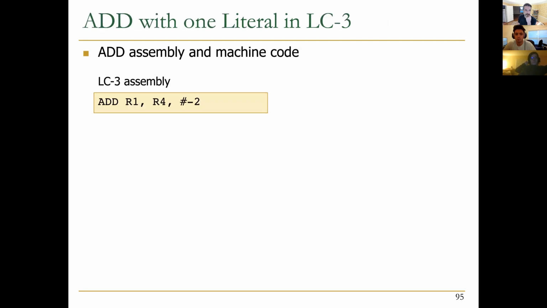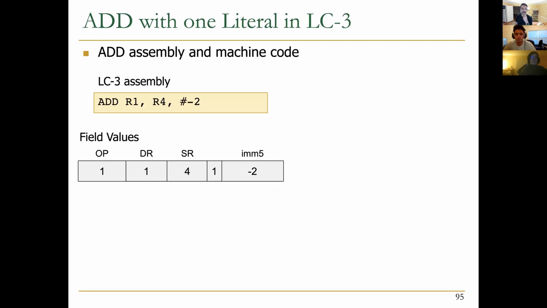Okay, and here is an example. So you have add. In the assembly code, you have R4. Basically, the content of R4 plus -2 would be added to R1. This is what this code is specifying.